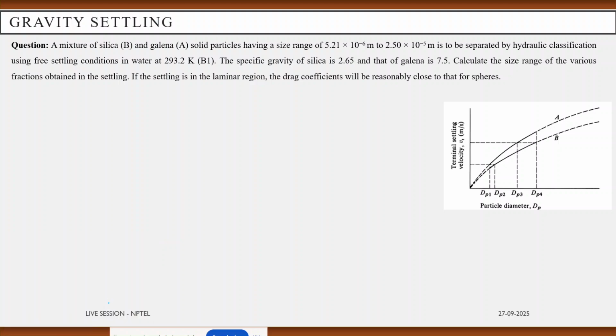Now we have already confirmed that this is the Stokes law regime. Now we will go for the largest particle. The largest particle we have calculated. Now we will go for the smallest particle.